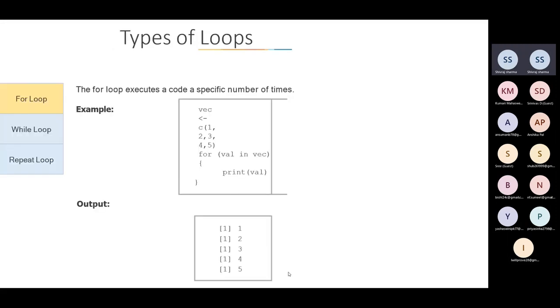So how many types of loops are in R language? The first one is the for loop. The second one is the while loop. The third one is the repeat loop. The for loop executes a code a specific number of times.